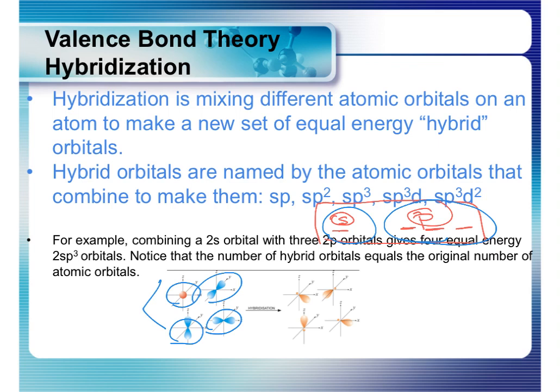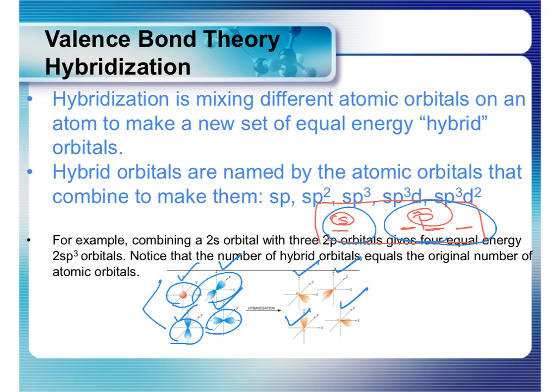Anytime we combine atomic orbitals in any way to get molecular orbitals, we must conserve the number of orbitals. So if we start with 4 atomic orbitals, as we did here, we must end up with 4 hybrid or 4 molecular orbitals.